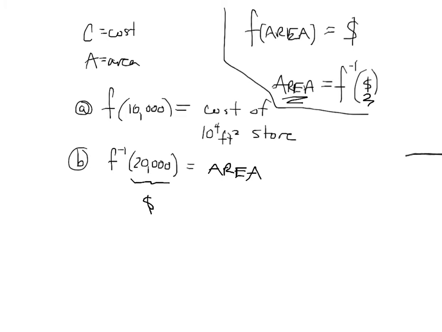So an interpretation would be like, okay, this is how much store you can buy for $20,000. If you have $20,000, this is what you can buy. I see. So yeah, I endorse the mechanics of switching domain and range. That is what you do when you swap y and x and solve for y. Right.